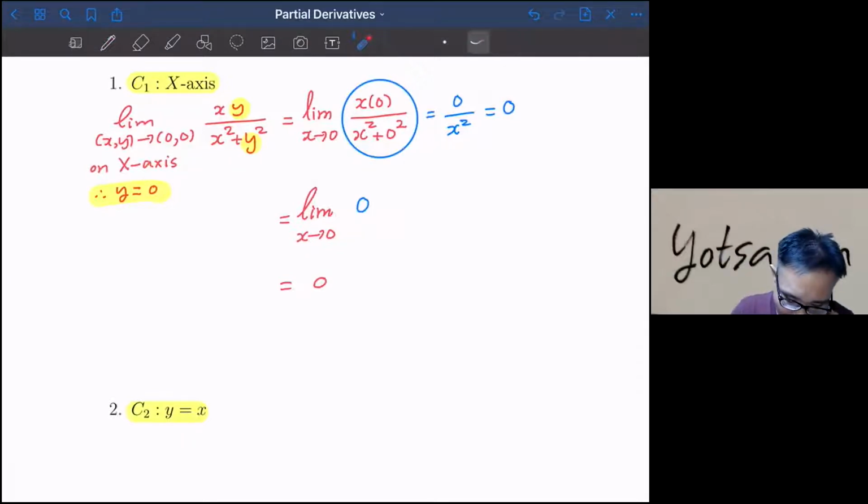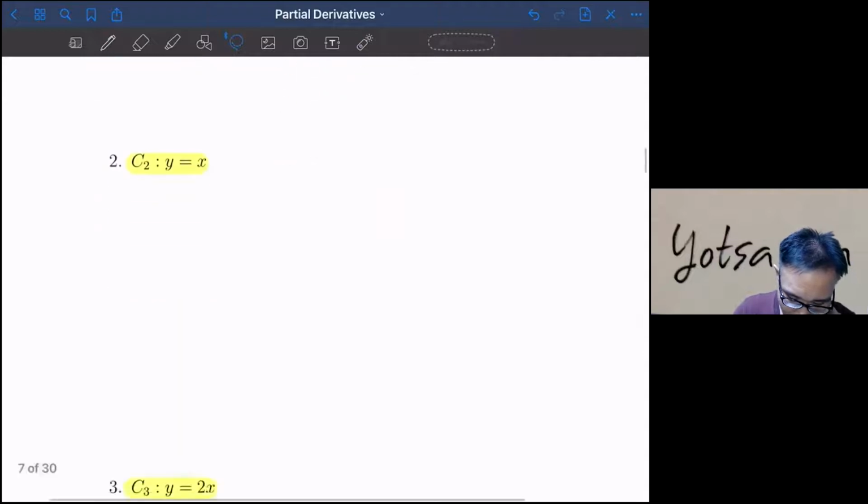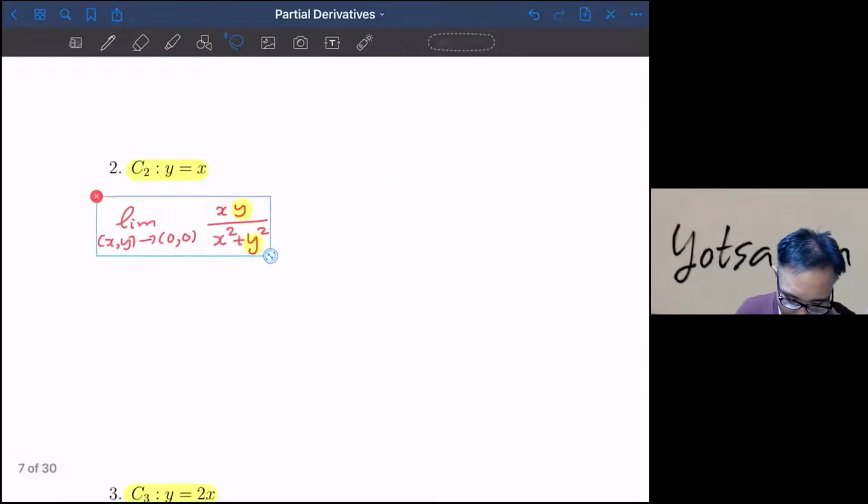Okay, for the second one, let me just copy this one. So for this one, you're going to have this limit, and it's going to be on y equal to x.